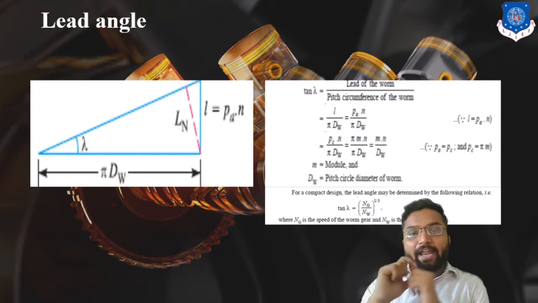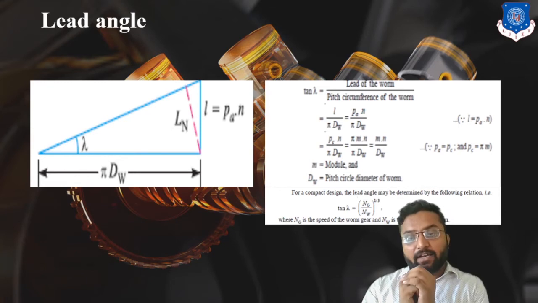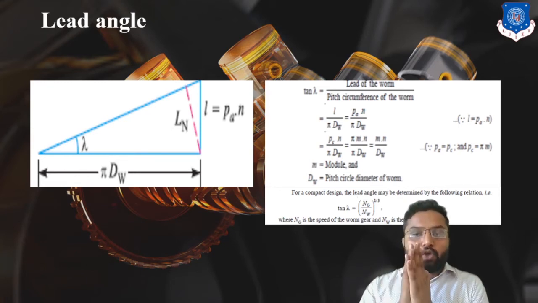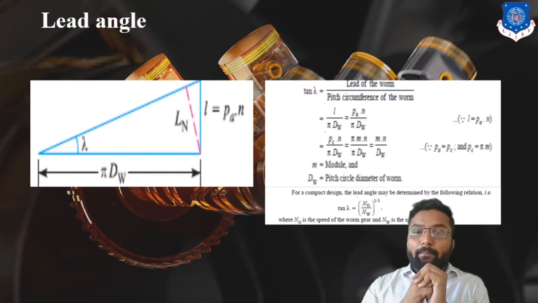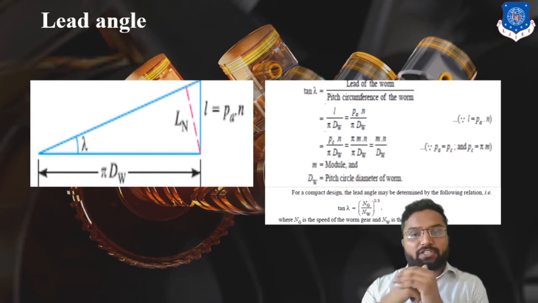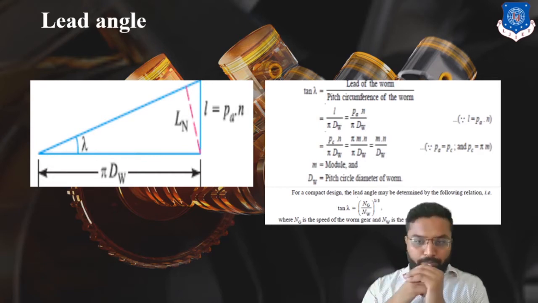So tan lambda equals the lead of the worm divided by the pitch circumference of the worm, where the lead of the worm, as we have discussed earlier, is Pa into N divided by pi dw. So ultimately, in terms of module, it is Mn upon dw, where M is module, N is the number of starts, and dw is the pitch circle diameter of the worm.